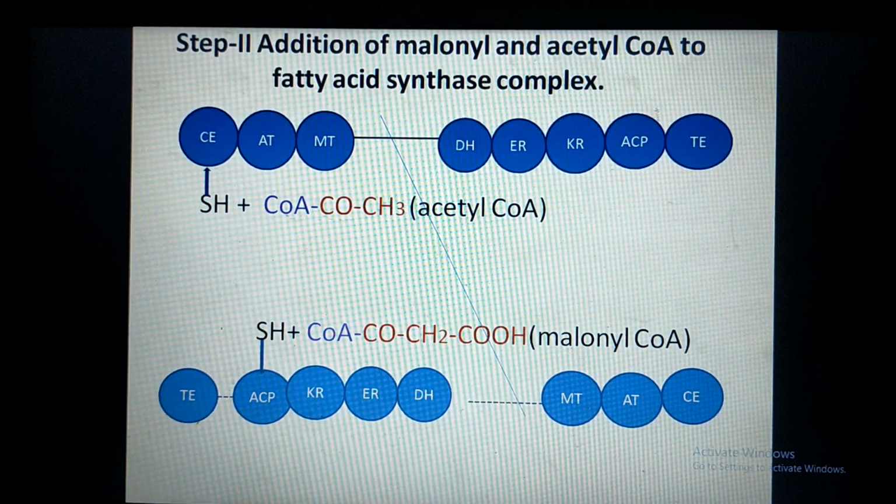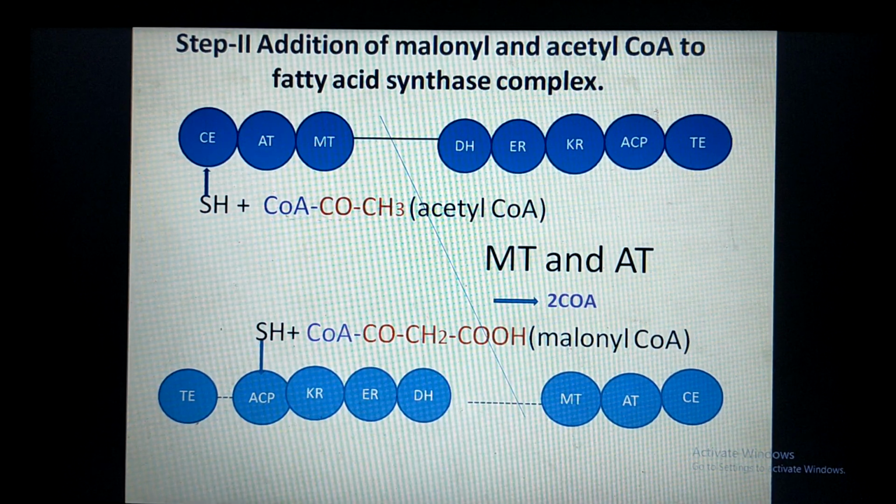Now second step is addition of malonyl and acetyl CoA to the fatty acid synthase complex. So malonyl CoA, which we have just seen is formed, and new acetyl CoA enter into the fatty acid synthase complex. Two enzymes, acetyl transacylase and malonyl transacylase, are present in the fatty acid synthase complex.